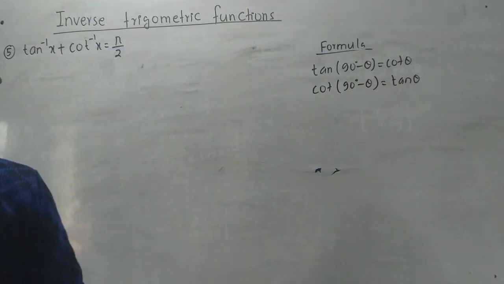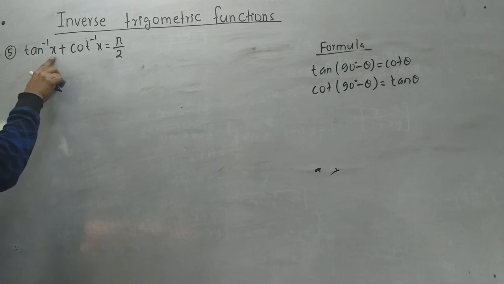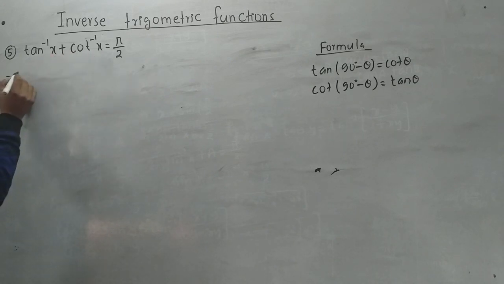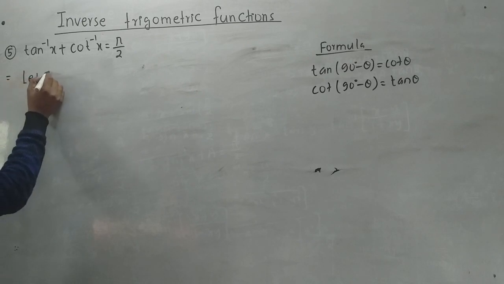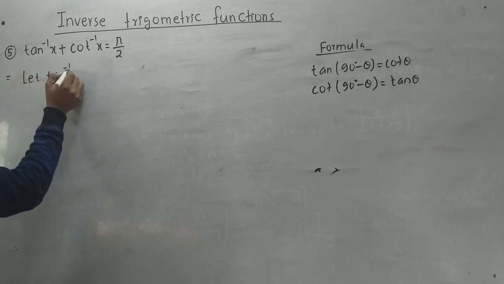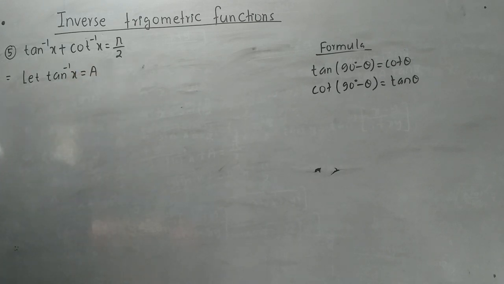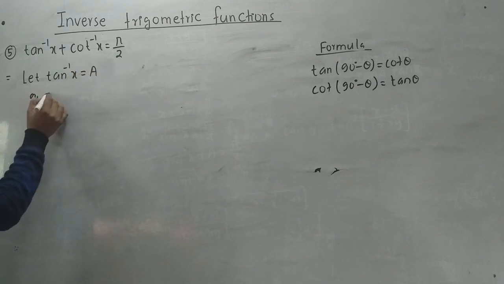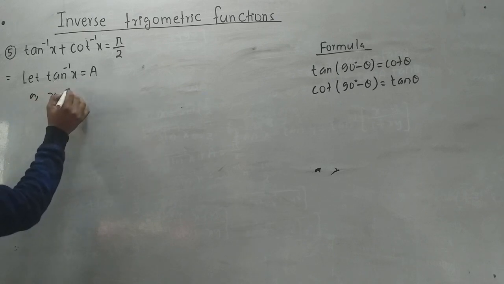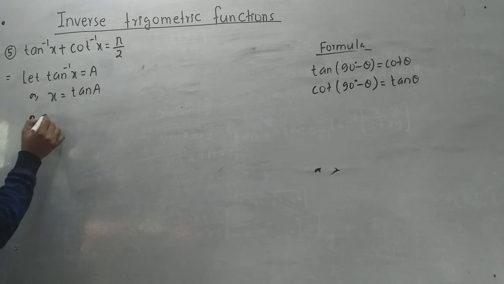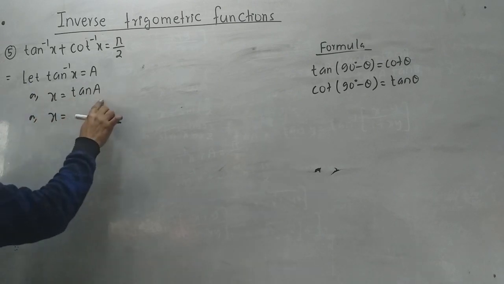Here you are seeing only one variable, that is x, so you can start from anywhere. Let tan inverse x equal angle A, or otherwise theta. Then x equals tan A.